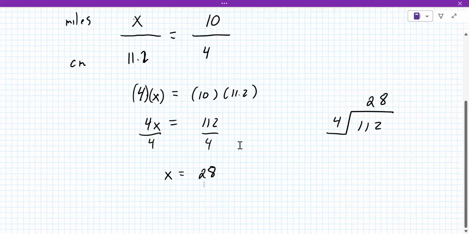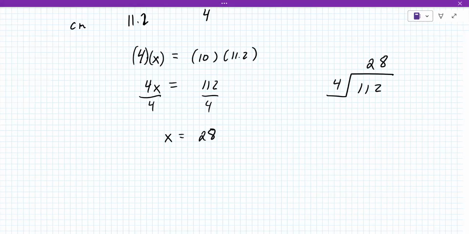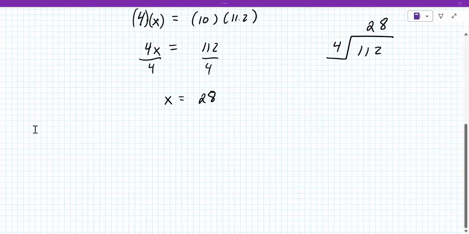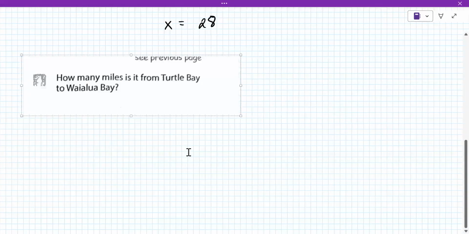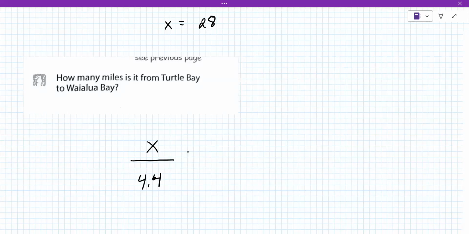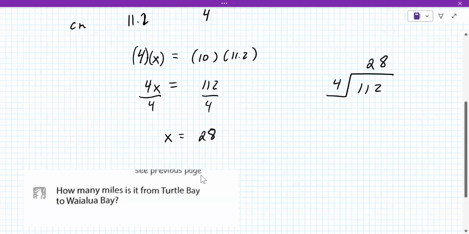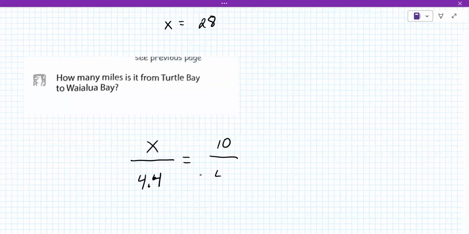Okay, so let's do the same thing here for the next one. How many miles is it from Turtle Bay to Waialae? So it's 4.4 centimeters, almost exactly 10 miles. It says from Turtle Bay to Waialae Bay is 4.4 centimeters.